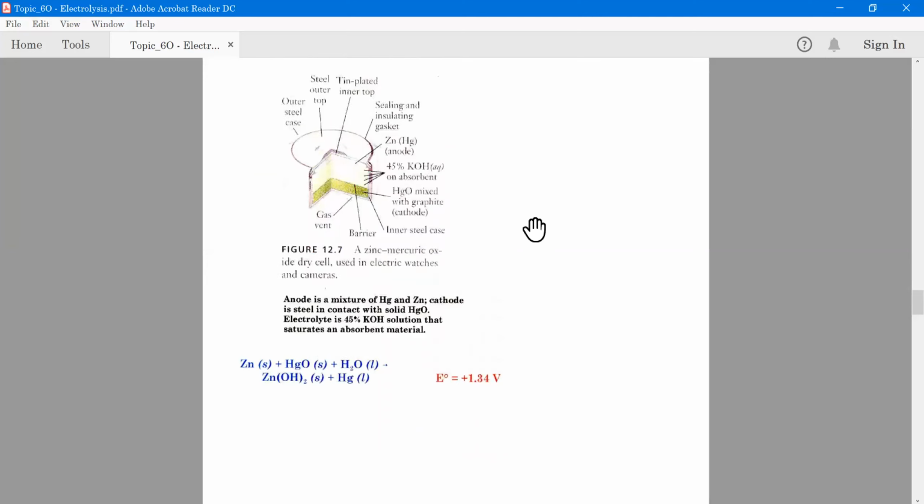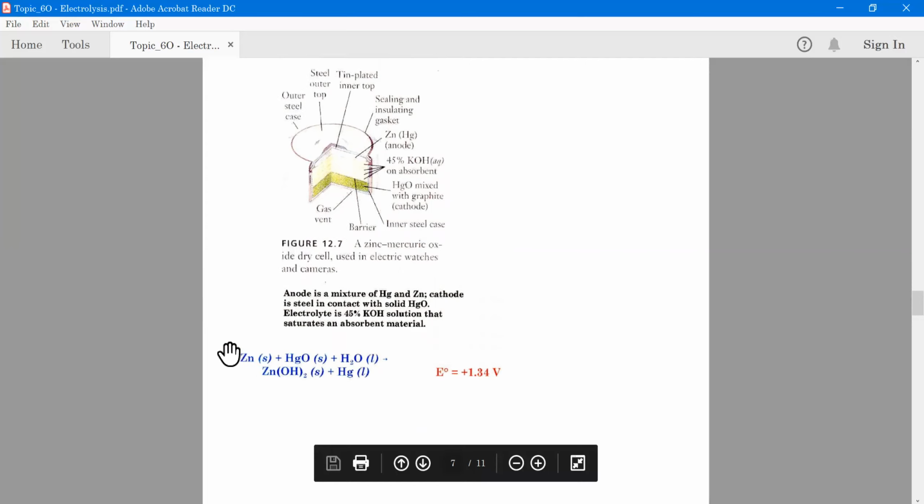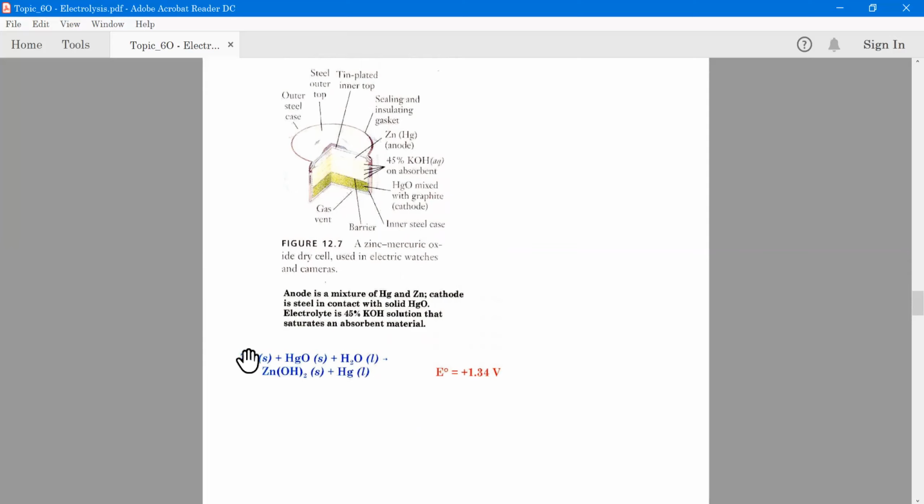So the chemistry that's involved in these cells, again, involves zinc. The zinc is going from zinc metal to zinc hydroxide, which is an oxidation from zinc 0 to zinc 2. But now the cathode reaction involves mercury oxide, HgO, going from mercury plus 2 to mercury 0. It produces mercury metal.